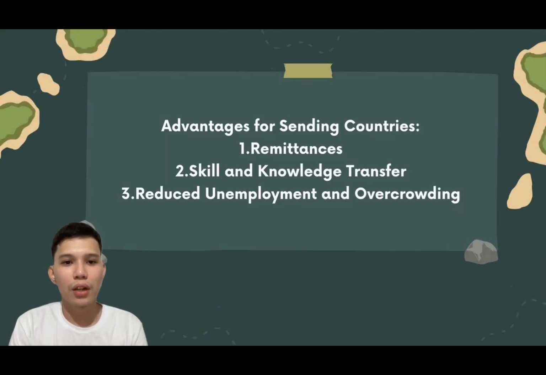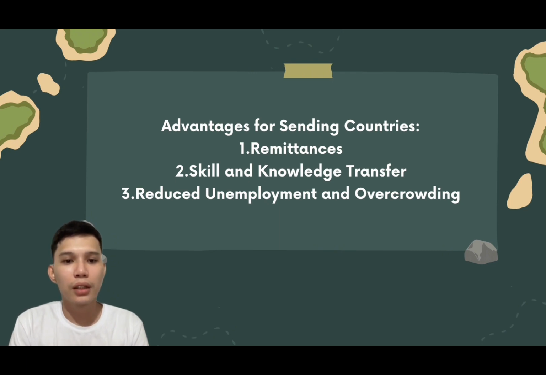Advantages for sending countries. One of the advantages for sending countries, number one, is remittance. When individuals from sending countries move to other countries to work and send money back home, they often send remittances to their families. This influx of funds can contribute significantly to the sending country's economy. Next is skill and knowledge transfer. Immigrants may acquire new skills, knowledge, and experiences abroad, which they can bring back to their home countries.